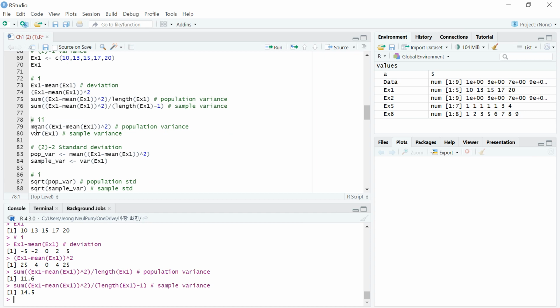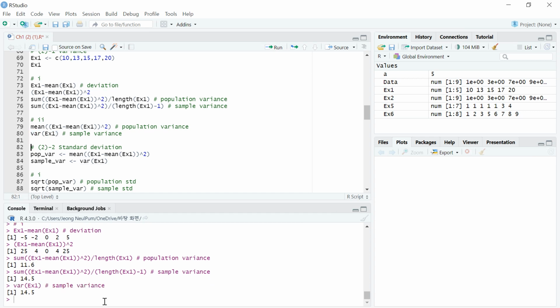And there is also actually a variance function in R programming. With the VAR function, which is the variance function, we can get the 14.5. The most important thing is that if we use the variance function in our programming, it gives us the sample variance, not the population variance.